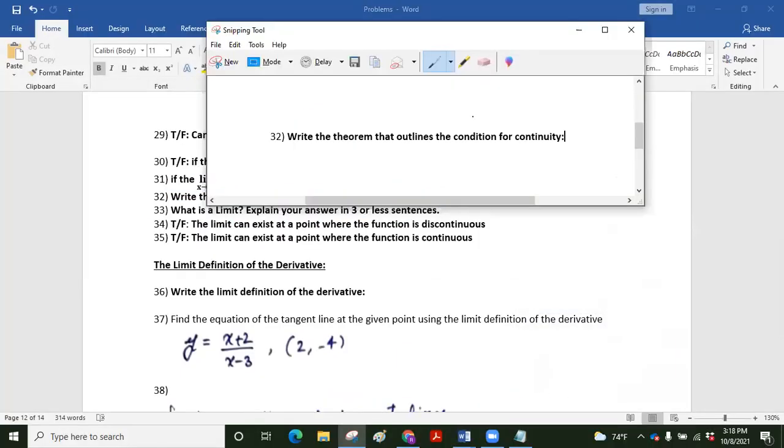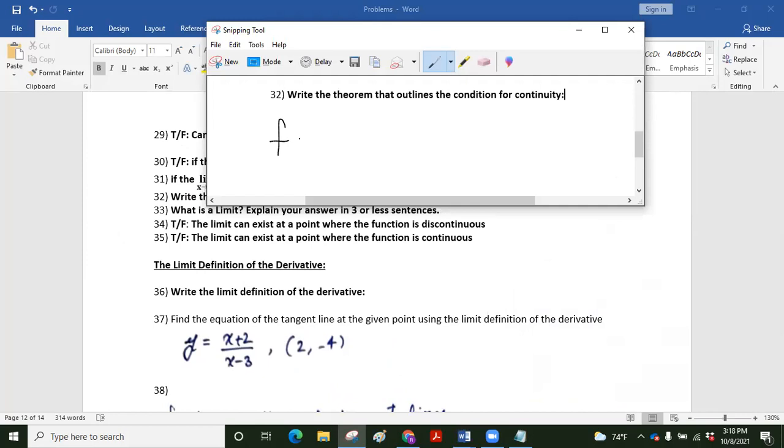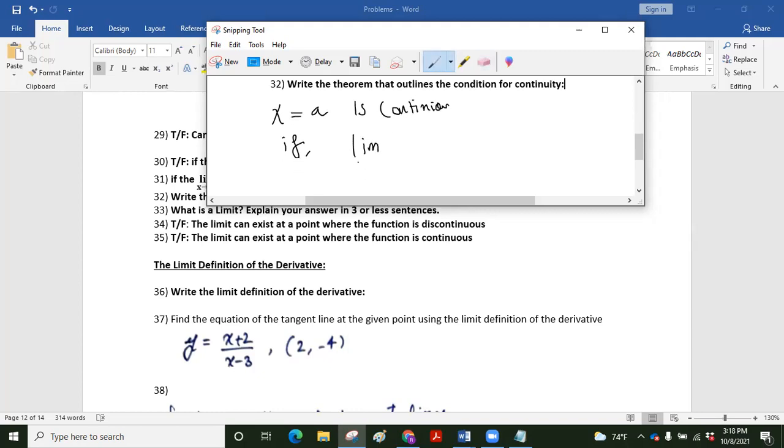So the theorem that outlines the condition for continuity is that f of x at x equals a is continuous if the limit as x approaches a from the left of f of x is equal to the limit as x approaches a from the right of f of x, which is equal to f of a. Then it is continuous.